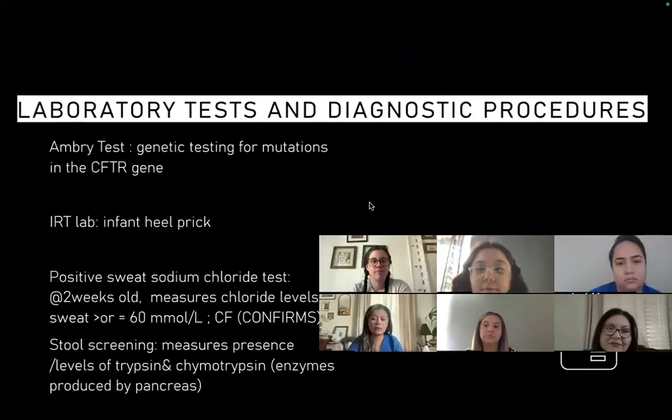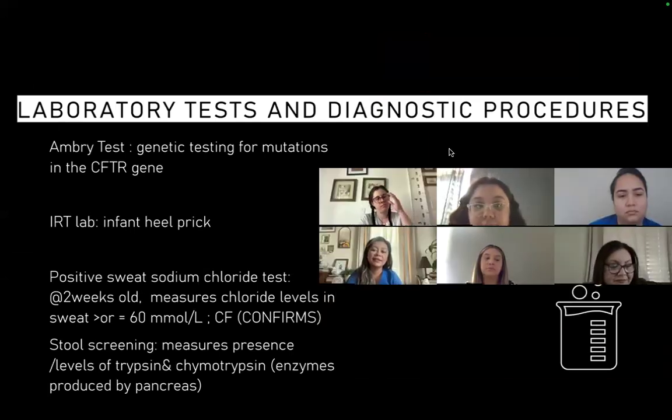Lab tests and diagnostic procedures would be an AMBRY test, which is genetic testing for mutations in the CFTR gene. There is an IRT lab with the infant heel prick. It's going to show an elevated IRT. The one that actually diagnoses it is the positive sweat sodium chloride test. It's performed at 2 weeks old and it measures the chloride levels in the sweat.